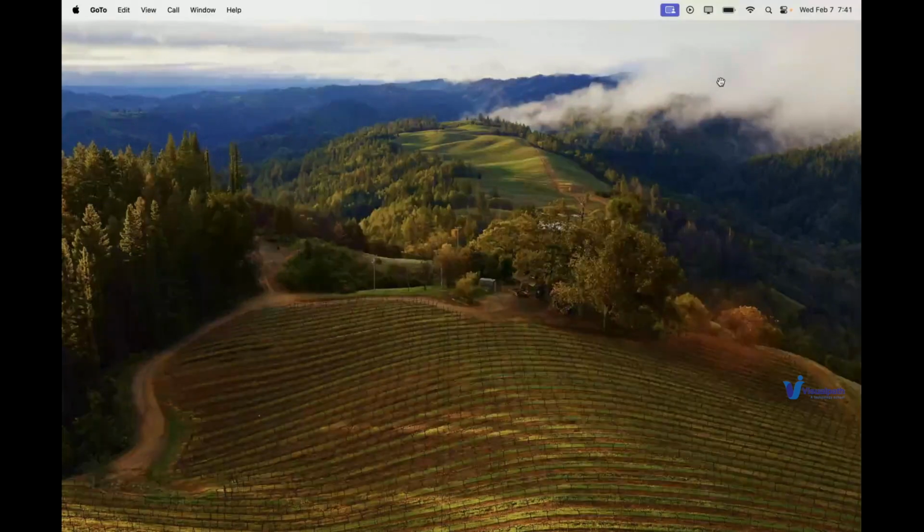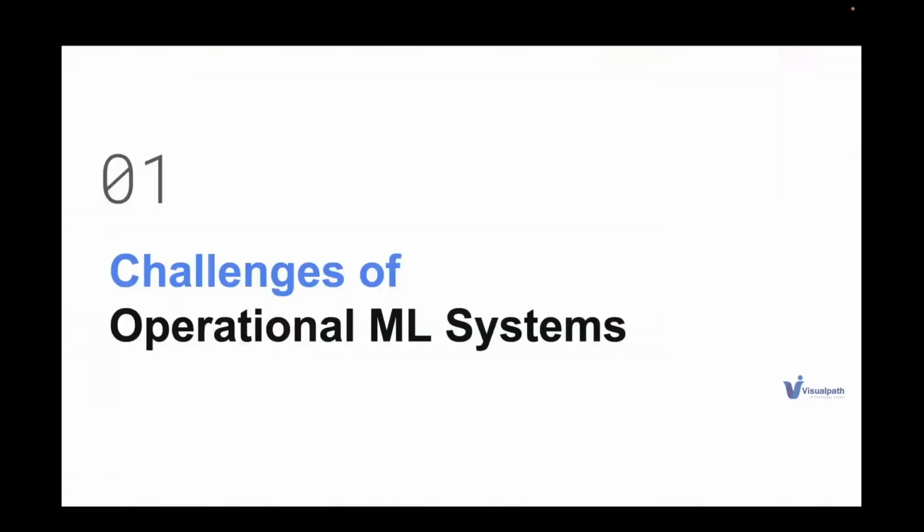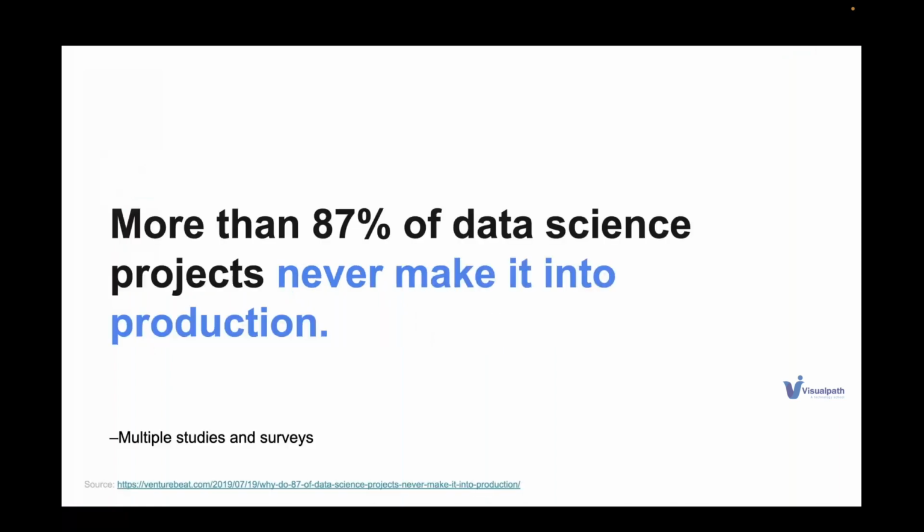So I'll take the first few minutes, like 5 to 10 minutes, to quickly recap what we did yesterday. The first thing that we discussed is the operational ML systems challenges. More than 87%, or maybe close to 85%, of models never make it into production.